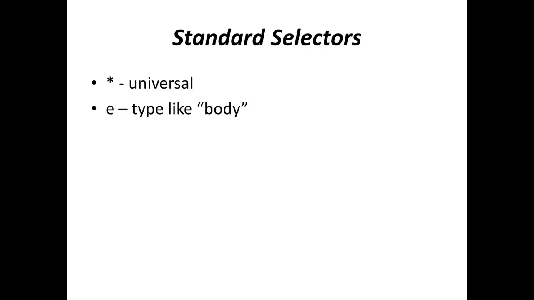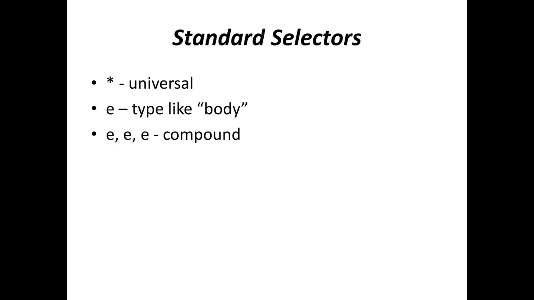You can use this E type like body, you know what the body tag looks like, and then we could use these compounds, like I was showing you with the header or the sidebar. If we're going to target Tom, Dick, and Harry, and we wanted them to do the whole same thing, we would separate that with commas.